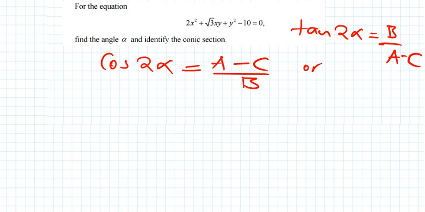The assumption is every single time we're going to be starting with x squared, right? So our a represents the coefficient of x squared, in this case a 2, and then our b represents the part that is attached to the product, and then our c represents the coefficient of the y squared term.